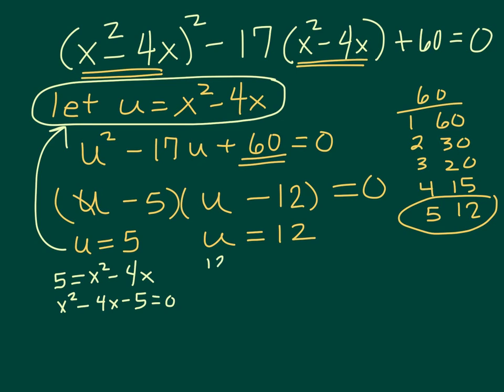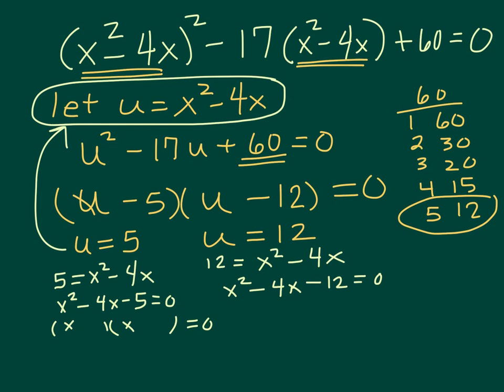And here, if we do 12 equals x squared minus 4x, we'll get a new quadratic, x squared minus 4x minus 12 equals 0. And we will factor each of these.